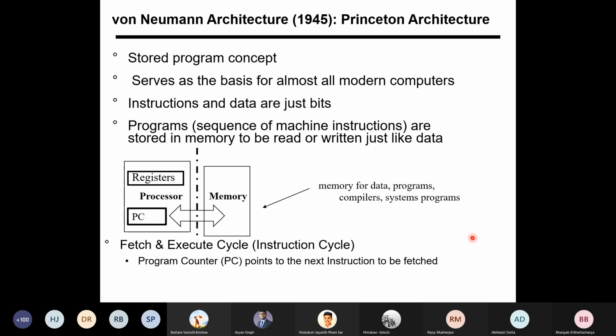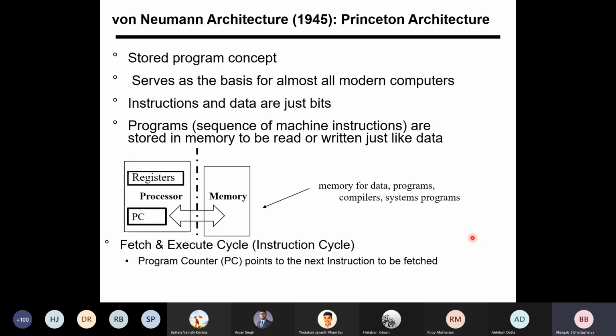Clear? However, if the instruction length is different, suppose in many machines, for example, in Intel processors, instruction length may vary. Some instruction may be 32 bits, some instruction may be 48 bits, then you are in a problem. Right? And that's why in MIPS or reduced architecture machines, all instructions are assumed to be of the same length, 4 bytes in MIPS.